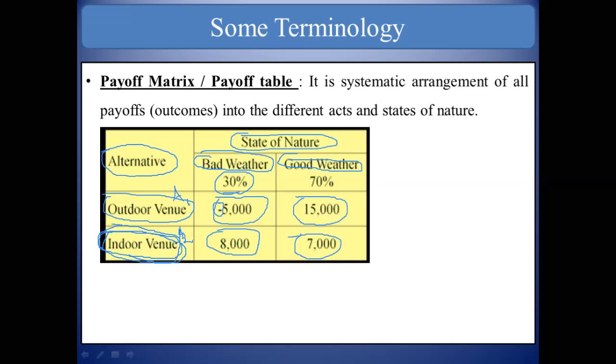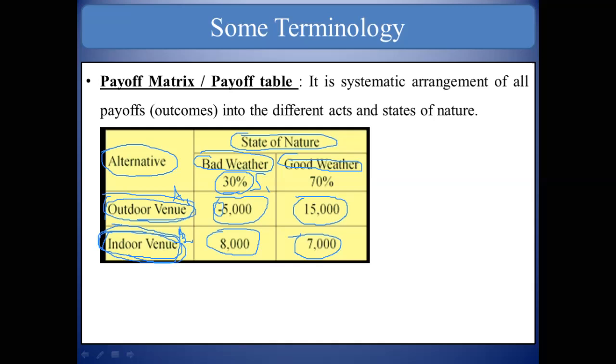only 7,000. So here this is called states of nature because weather is not under the control of the decision maker. But definitely we can say the selection of outdoor venue or indoor venue is under the control of the decision maker.